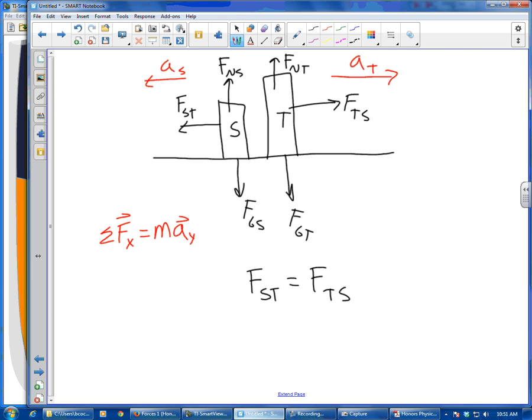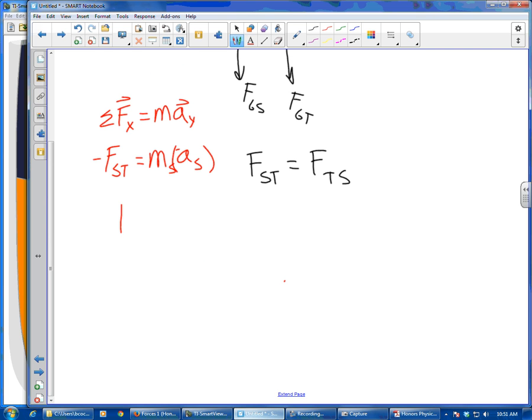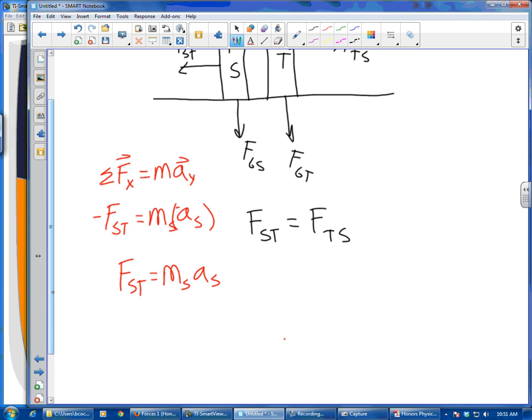For the sister, the only force is F_ST, her mass, her inertia, I'm going to call that M sub S, multiplied by her acceleration. Both of these would be negative, so I could get rid of the negatives and just have F_ST equals mass of the sister times acceleration of the sister. These were both negative, that's how I got rid of it on both sides.